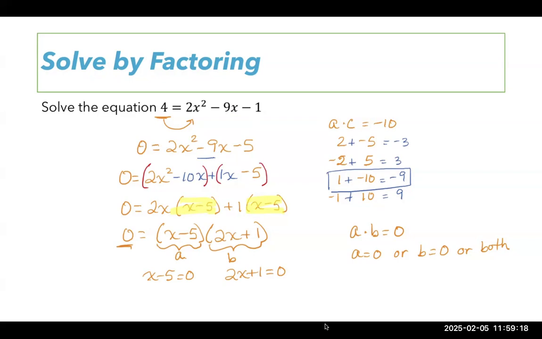So in the first factor, I just add 5 to both sides, and one possible solution is that x equals 5. With my other factor, if I solve for x, I'm going to subtract 1 from both sides first, and then divide both sides by 2, and negative 1/2 would be the other possible solution.